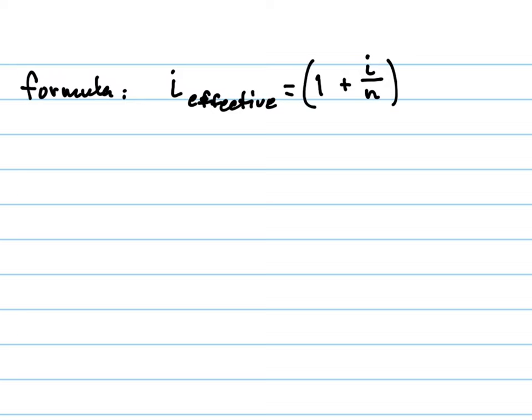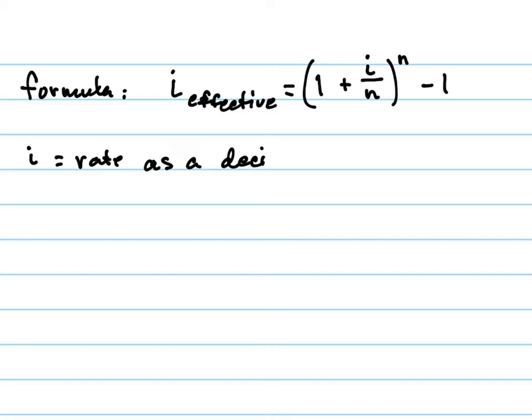So here's our formula. I effective, because remember that it's going to be an interest rate, and as an I, that means it's an interest rate as a decimal. I effective is equal to 1 plus I over n, in brackets, raised to the nth power, minus 1. Where I is simply the rate as a decimal.